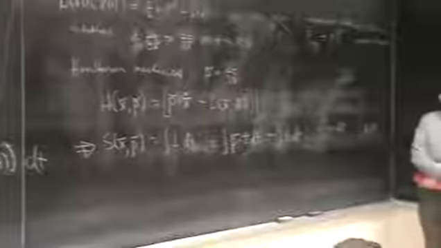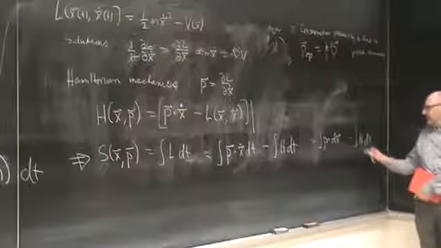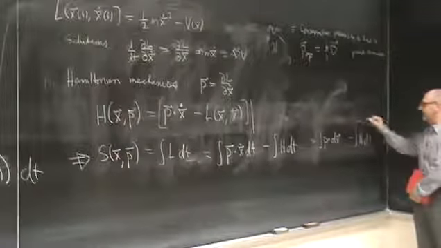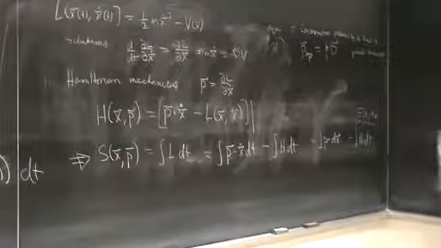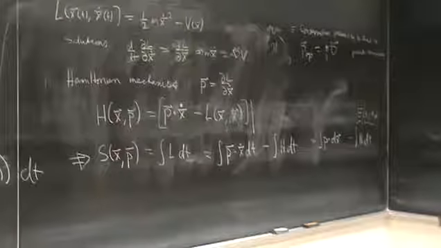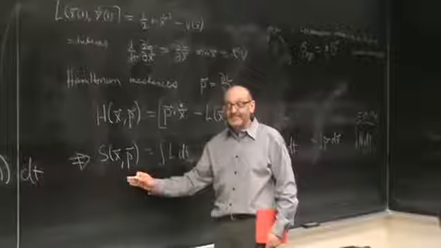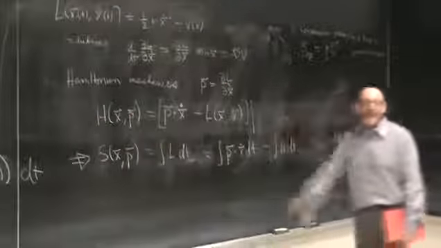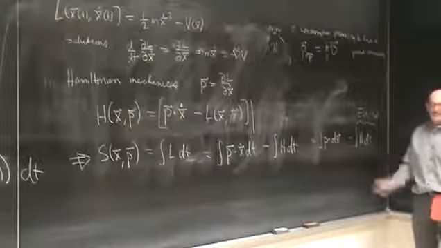Suppose we were moving along a trajectory that had a constant energy. Then H is a constant. And this is just E times the time difference. This action, classical action, is exactly what we had over there. The phase factor that sits in our wave function is the action.